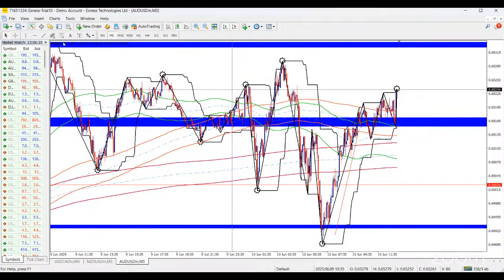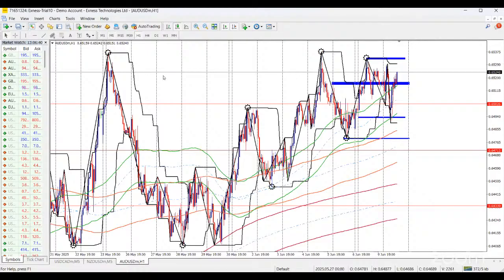We want to see it come and break above this zone. If AUDUSD is able to break above this zone, then it would be safe to say that the AUDUSD buy move has resumed. And if not, and it finds resistance here, then we know what's happening. We could be seeing a sell or a sell continuation back into our next point of interest on the 1 hour time frame.